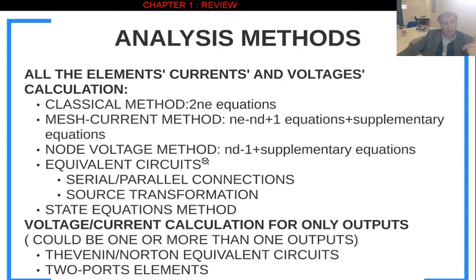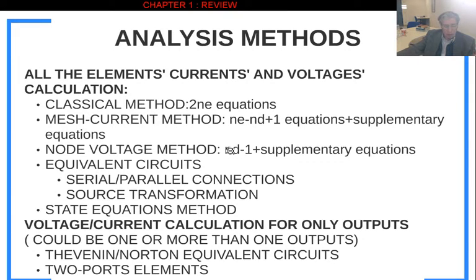We also use equivalent circuits in the methods: serial and parallel connected elements, and source transformation. Those two equivalences help us reduce the number of equations that we are going to write. All these analysis methods are for the calculation of the elements' currents and voltages.